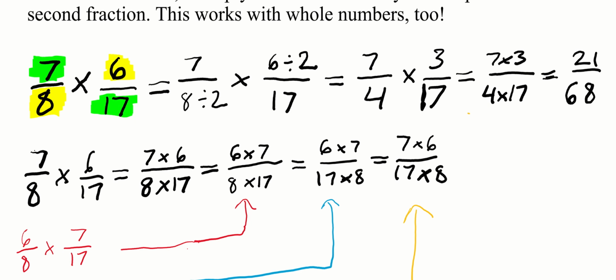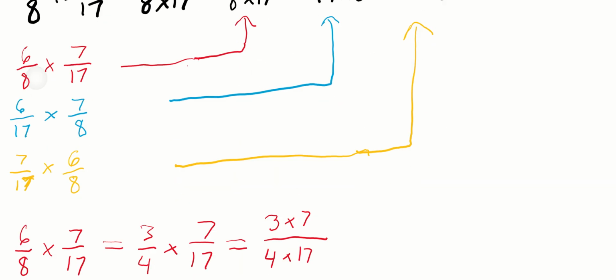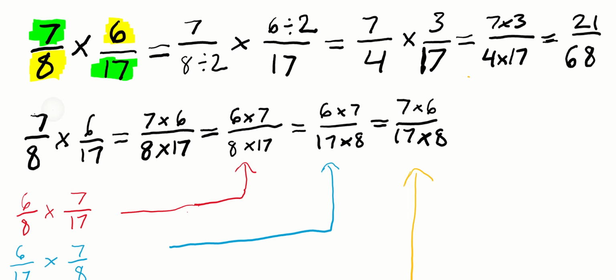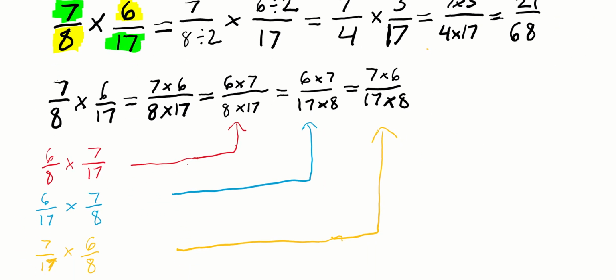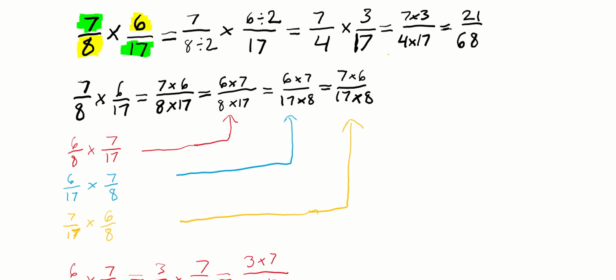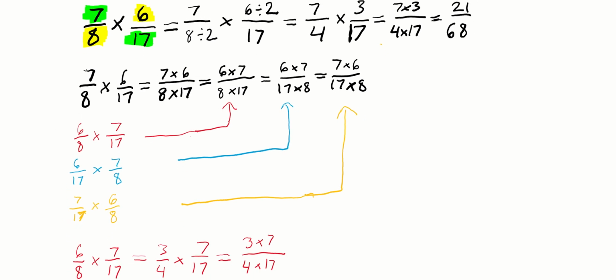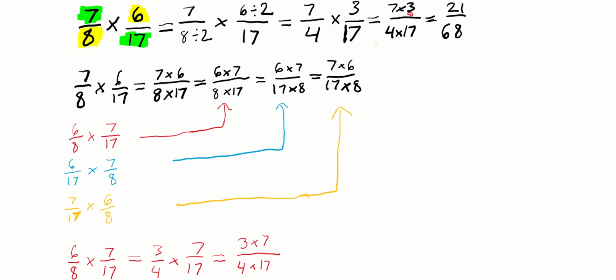If you notice, we see all these numbers again up above. Three here, times 7 here. And then we have 4, 17, and 17.